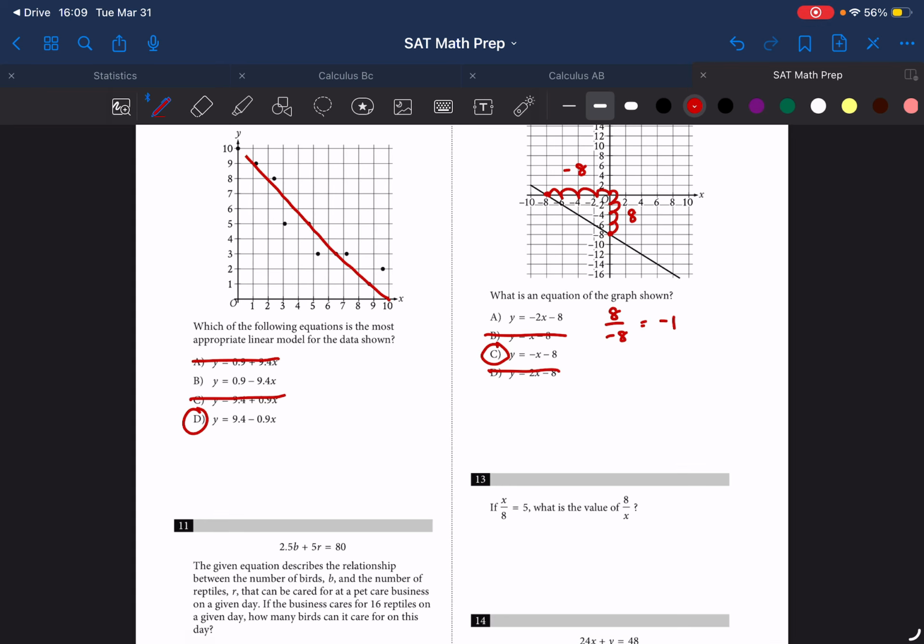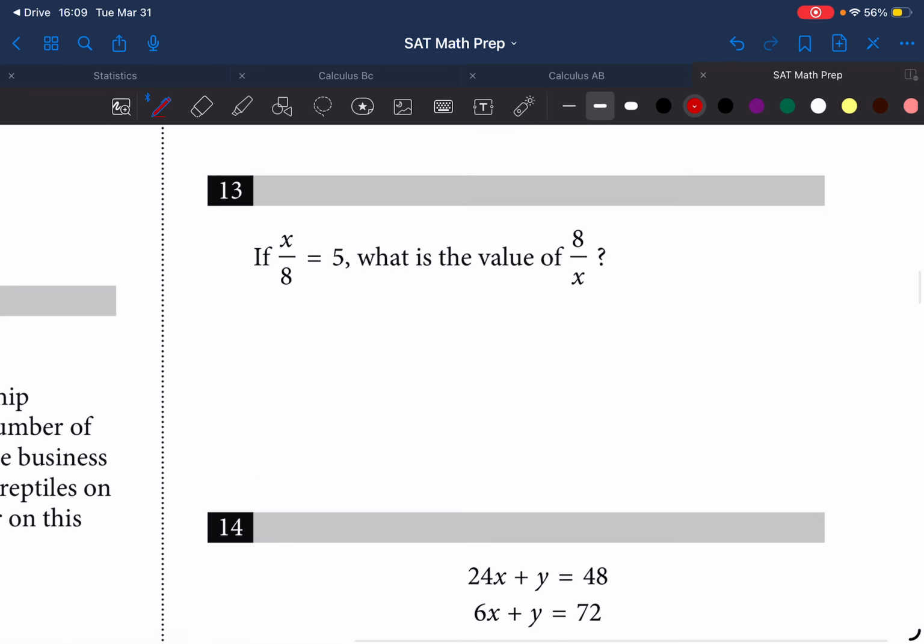Okay, let's look at another example. It says, if x over 8 is equal to 5, what is the value of 8 over x? Okay, so notice from here to here, all they did was take the reciprocal, which means they flipped the fraction upside down.